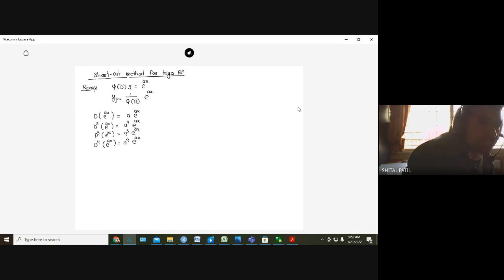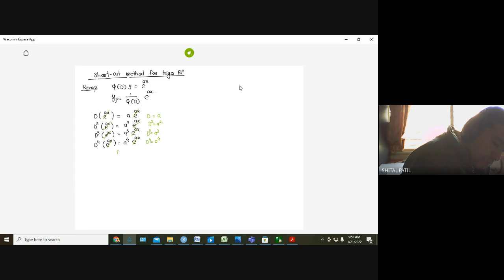And then we decided that if possible, and if we are able to cancel, let me cancel e raised to ax from both the sides. So what is remaining? I am getting D equal to a, D square equal to a square, D cube equal to a cube, and D raised to 4 equal to a raised to 4.